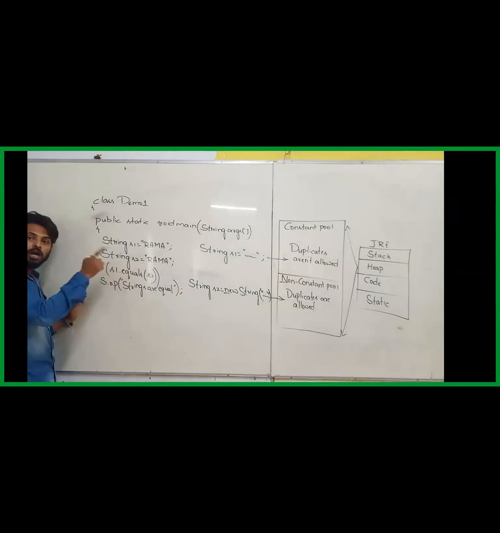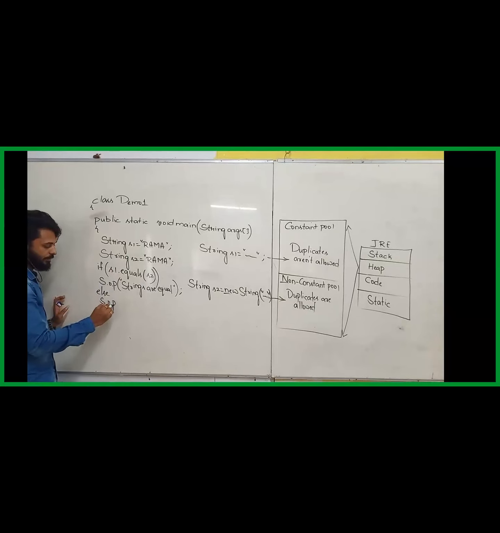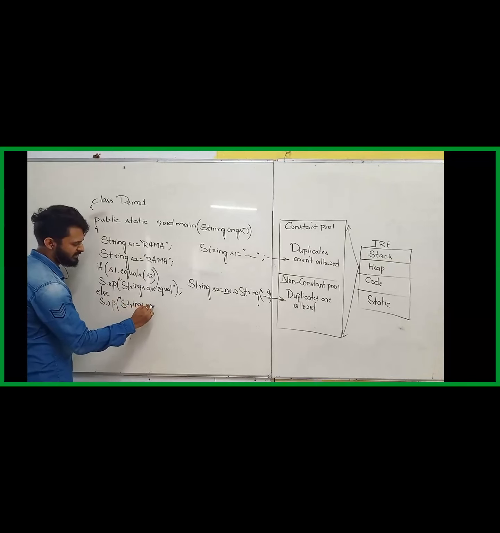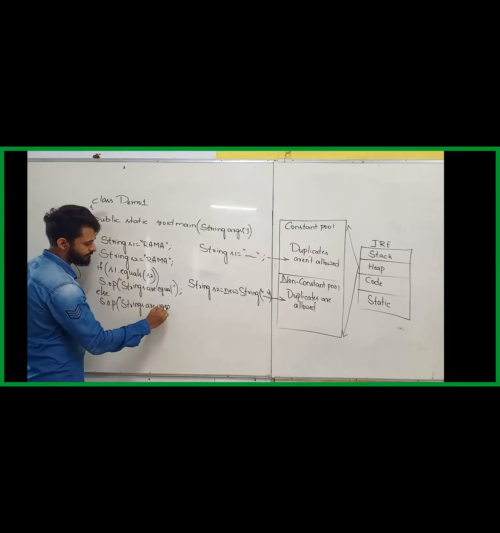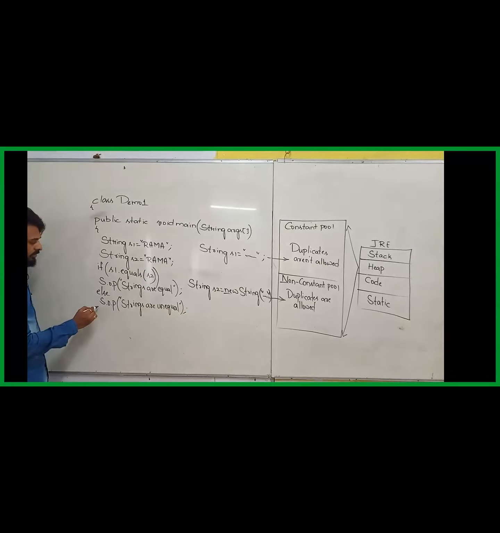If it is not true, what should I do? I should print strings are unequal. How can I say that? Just write else, System.out.print strings are unequal. Not equal or unequal, whatever it is. Yes or no? How will it work?